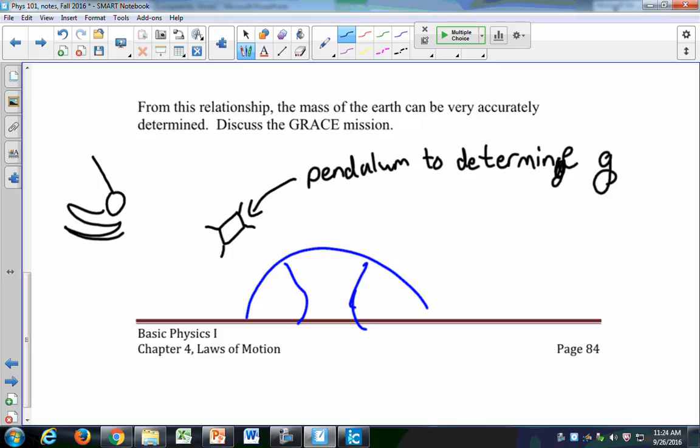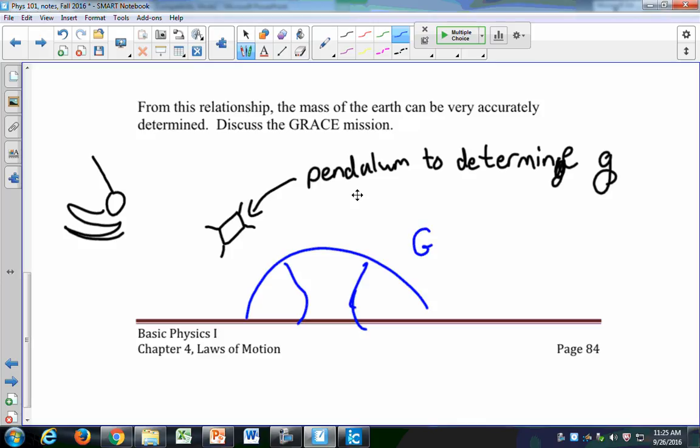What would be some things that would change the acceleration due to gravity as you go around the Earth? The shape of the Earth, right? If you go over Mount Everest, you have a lot more mass underneath you, and so you're going to have a bigger acceleration due to gravity. What else? Orbit, like how high you are in orbit? Yeah, if you're further away, then you're going to have a lower acceleration due to gravity. If you're closer, then you'll have a higher acceleration due to gravity. One other thing, related to the mass, is that if you have things underneath the surface of the Earth, then you can map out where those things are.